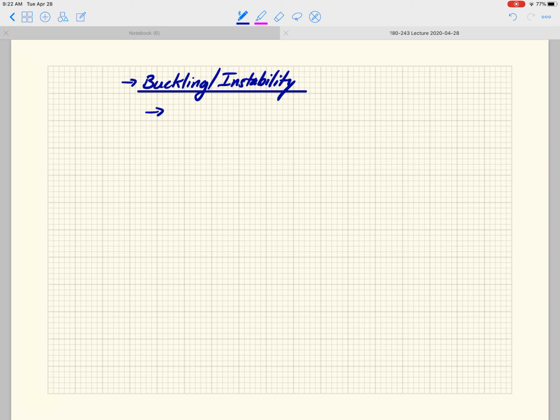So the first thing that we're going to do is talk about what buckling is, and it is generally defined as a loss of stable equilibrium. A lot of times, this bowl versus dome analogy is used.